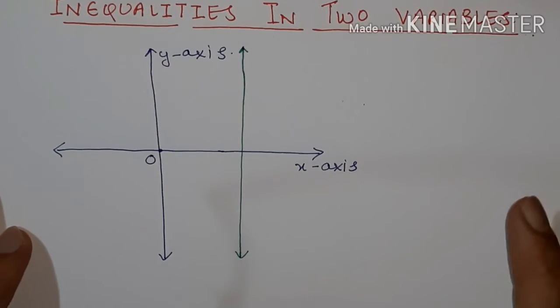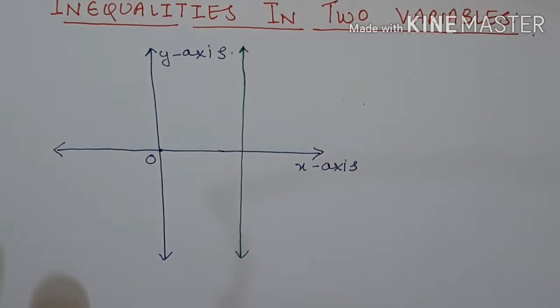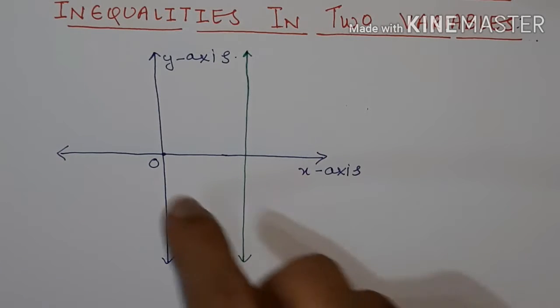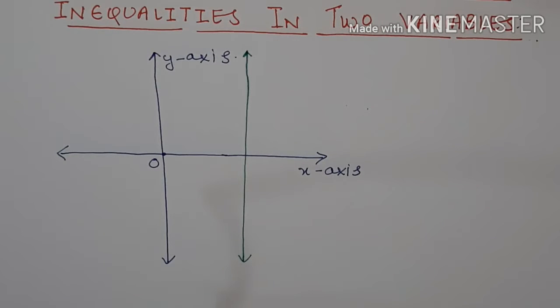You can see that this line divides the coordinate axis into two regions.